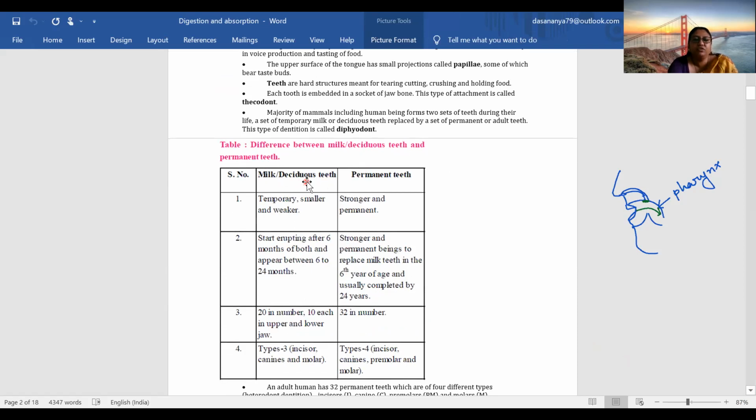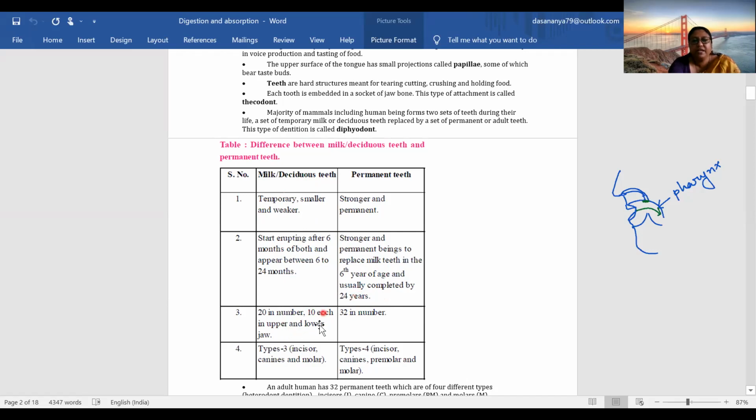Actually, this milk teeth or deciduous teeth is quite temporary and weaker. It will start appearing between 6 to 24 months, and up to 6 years of age, it will go.